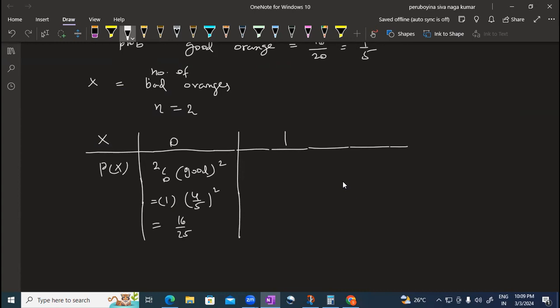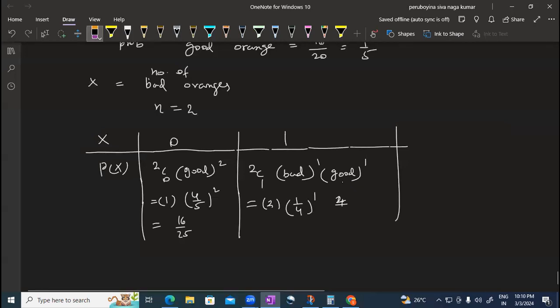And let's make the next trial. So write down 2C1. That means bad orange 1 and good orange 1 out of 2. 2C1 means 2.